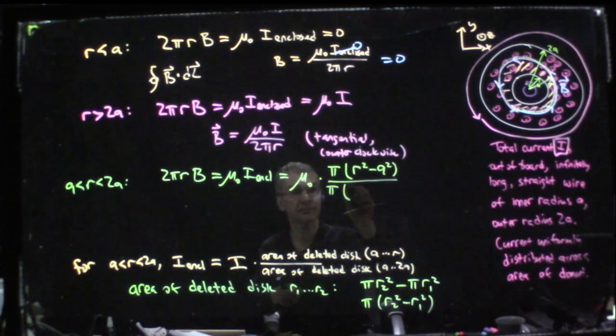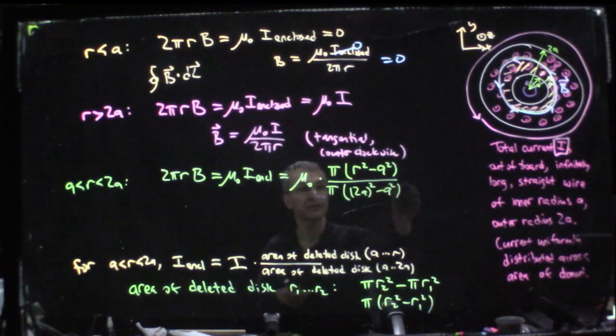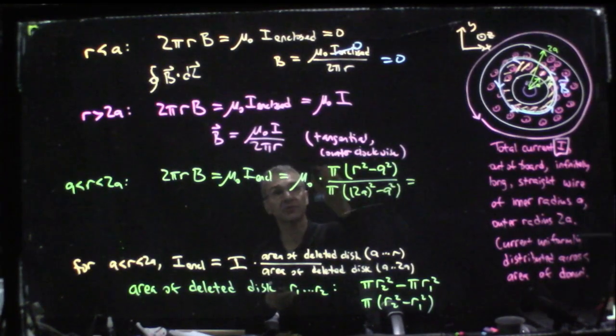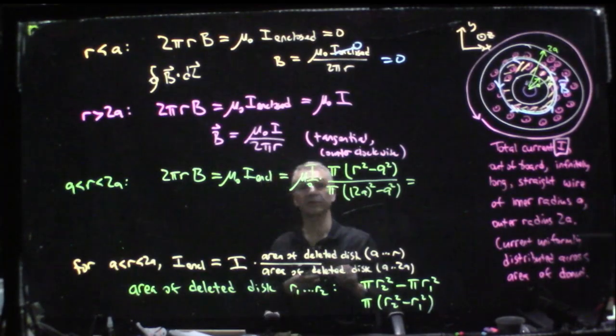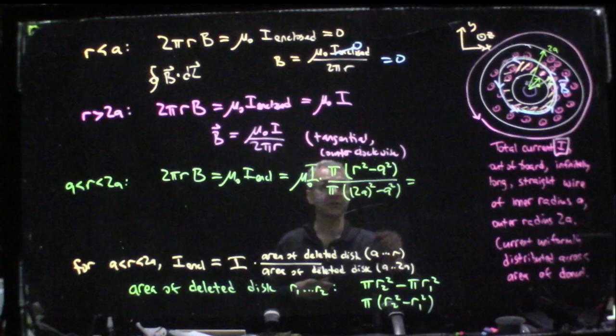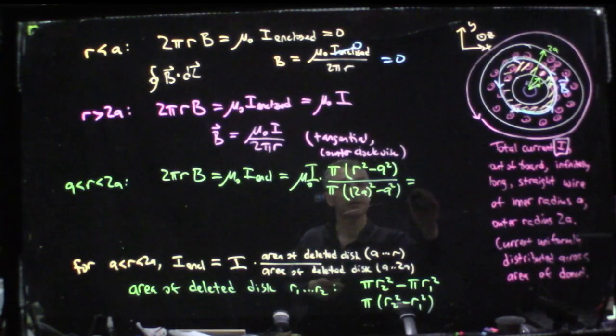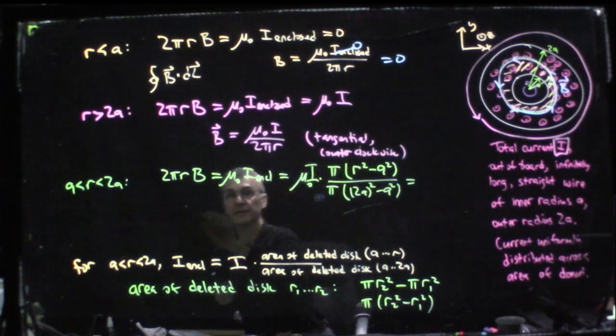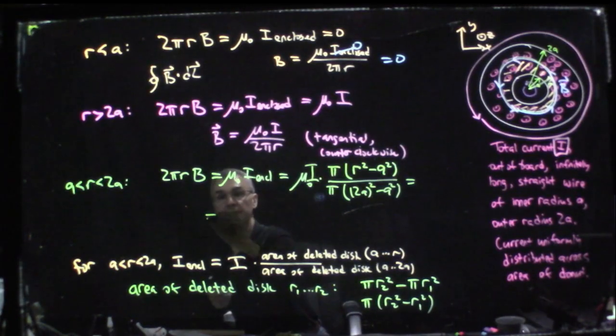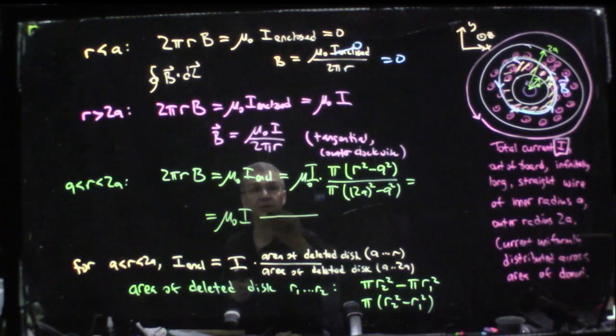This is 2A squared minus A squared, times I, the original I. So this equals mu naught I times r squared minus a squared, and then 4a squared minus a squared is just 3a squared.